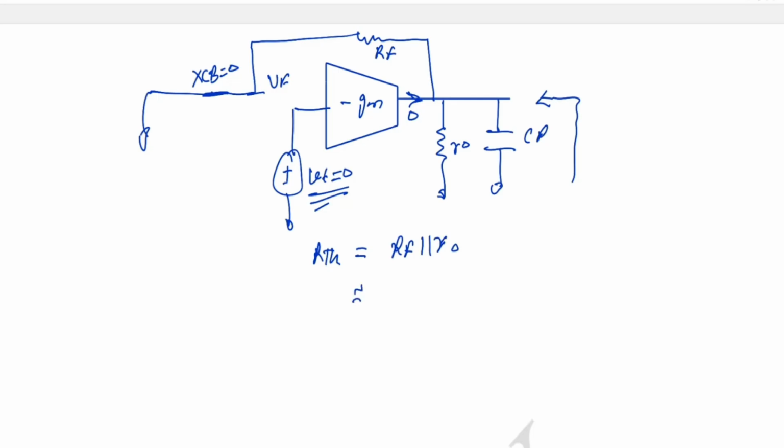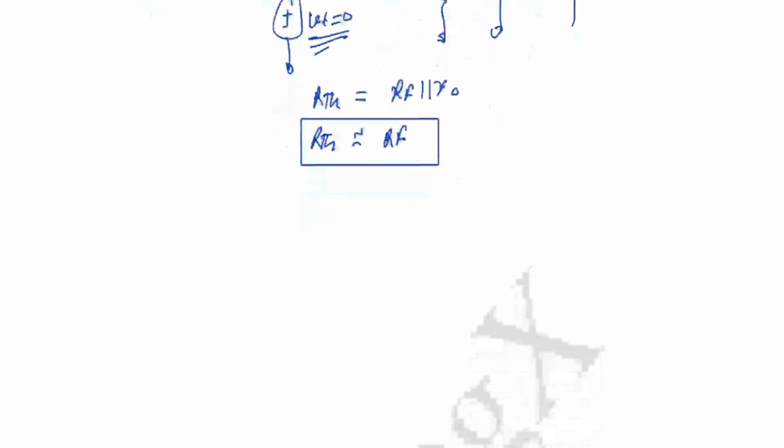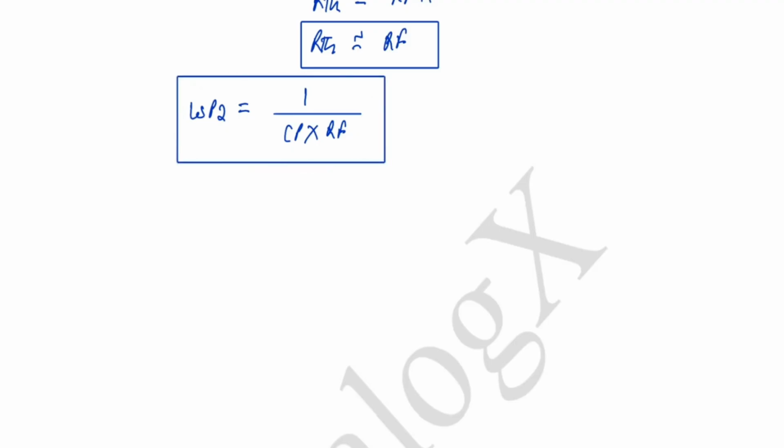We have taken one assumption that R0 is greater than Rf, so the total impedance looking from here will be Rf only. Now what will be the pole? Pole will be omega p2 equal to 1 by the parasitic capacitance into the feedback resistor. Okay, now we got both poles.